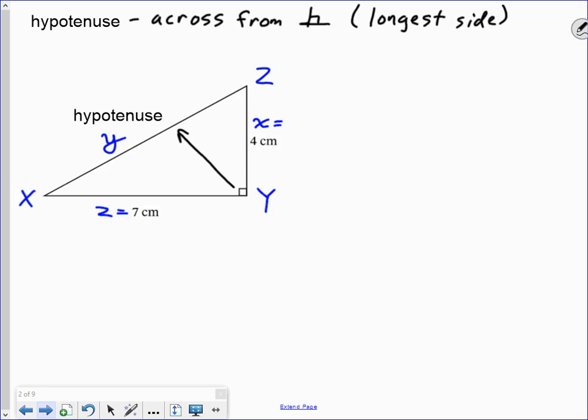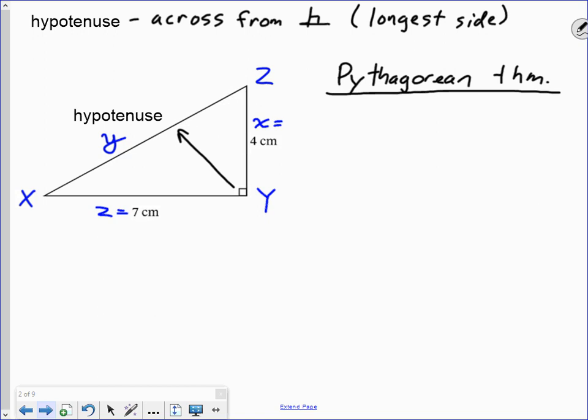What you learned last year was how to use the Pythagorean theorem to solve for the length of a side in the triangle. The way the Pythagorean theorem works is it relies on knowing which side is our hypotenuse.